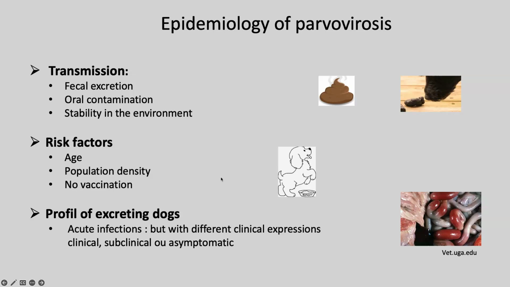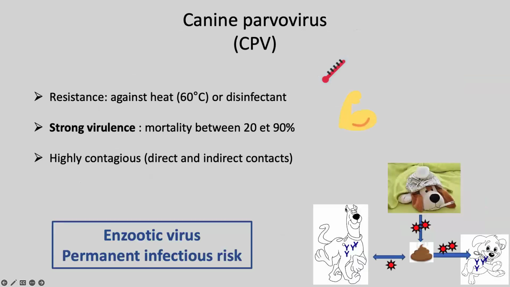It is also important to note that sick dogs, but also asymptomatic dogs, can excrete the parvovirus in the environment. If we mix all this information, we know that we have a very resistant virus that can resist heat and most of the disinfectants we classically use in clinics.